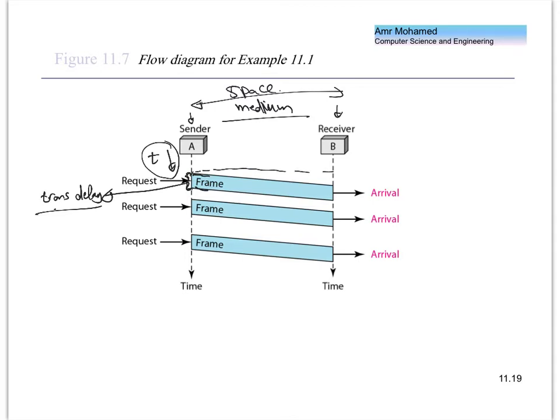as you can see, there are two diagonal lines. Why do we have diagonal lines, not straight? Because here we have another delay. We call it a propagation delay.